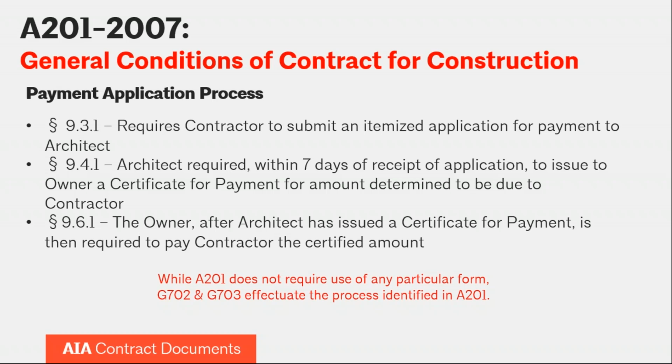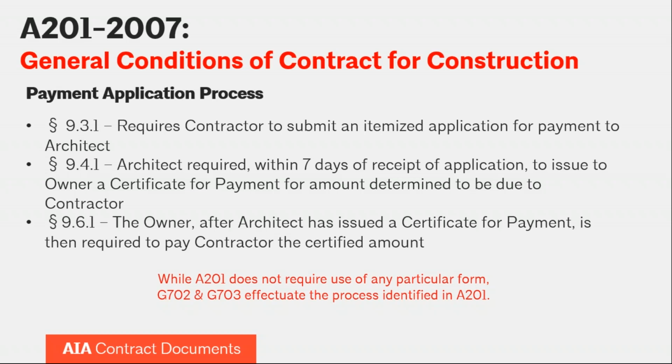So Section 9.3.1 says that the contractor is required to submit an itemized application for payment to the architect. The G703 allows the contractor to itemize everything in its payment application. Section 9.4.1 then requires the architect within 7 days of receiving that application to issue to the owner its certificate for payment, indicating how much is due to the contractor.